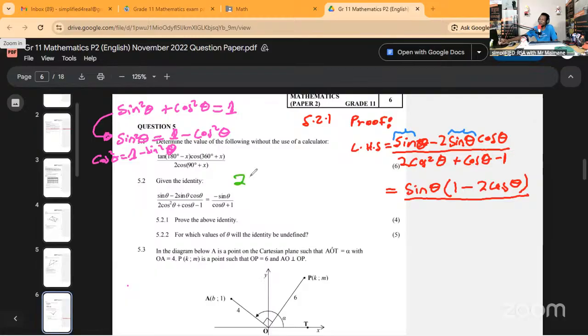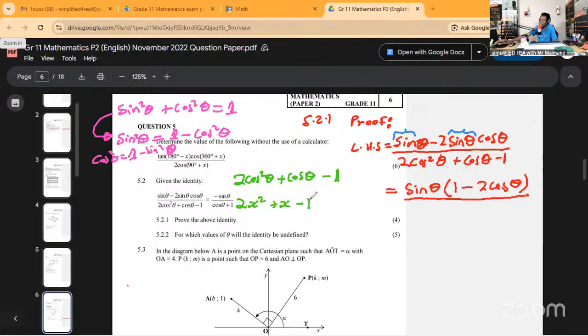So we have 2 cos squared theta plus cos theta minus 1. Doesn't that look like a quadratic function in the form of 2x squared plus x minus 1?